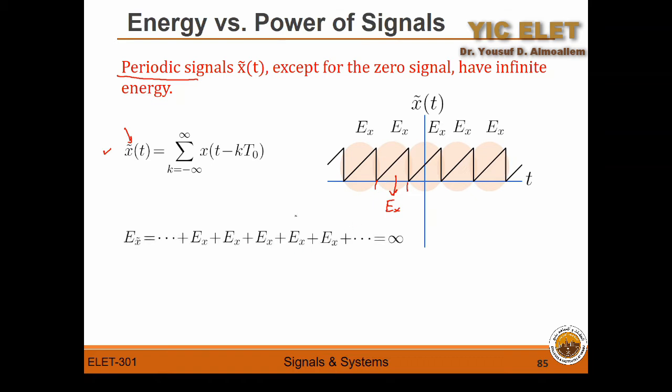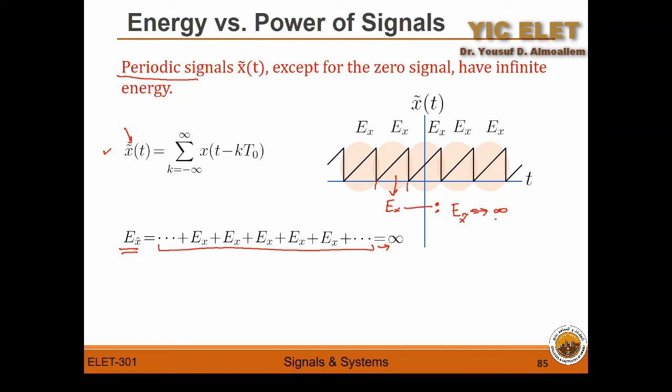As you go on from minus infinity to plus infinity, the total energy stored will approach infinity with this summation. So E will be going all the way to approaching infinity. So this takes us out of the previous classification where E has to be finite. Now E is reaching infinity.